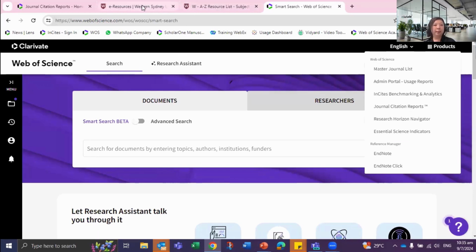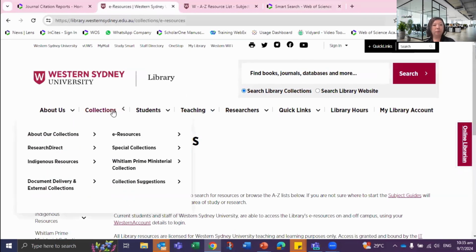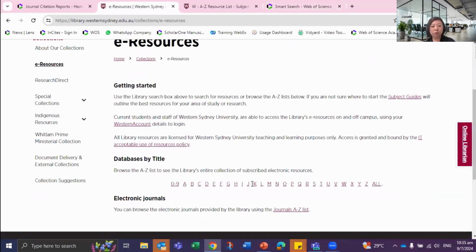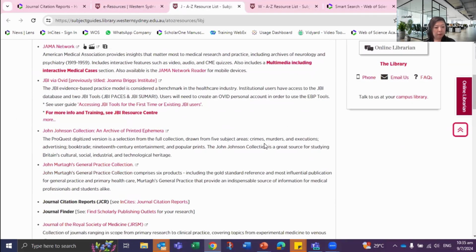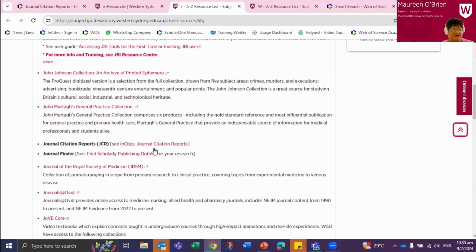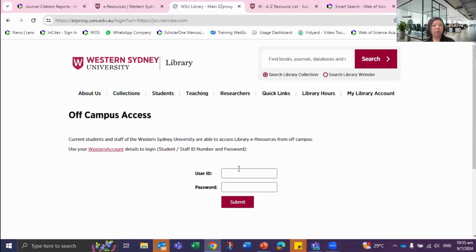Otherwise, if it's a new access that you are trying to get to, then go through to the WSU library, go to e-resources, go to collections, and browse for Journal Citation Reports, which is J. Just do a control find. Perfect. Yeah, so that's right here. And then just click through and you would be prompted to log in off-campus access to get access to Journal Citation Reports. And folks, please use your staff or student login details, please.